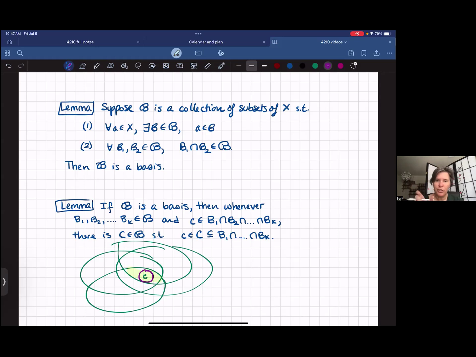We know it's true for two. So what you would do is find a B3 prime inside of B1 intersect B2. And then you would take that B3 prime and intersect it with B3 and get a B4 prime and so on. You would just do them two by two, going down, down, down until you get the set that you want.